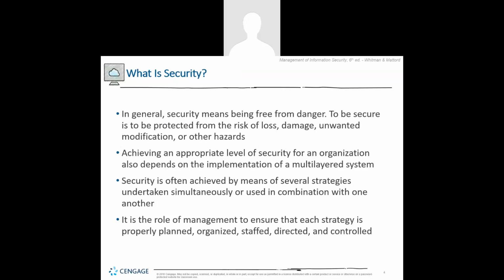You want to use a combination of strategies that have been planned, staffed, and controlled by the management. Some examples of this would be physical, operational, communications, and cybersecurity measures. It's the role of the management to ensure that each strategy is properly planned, organized, staffed, directed, and controlled.